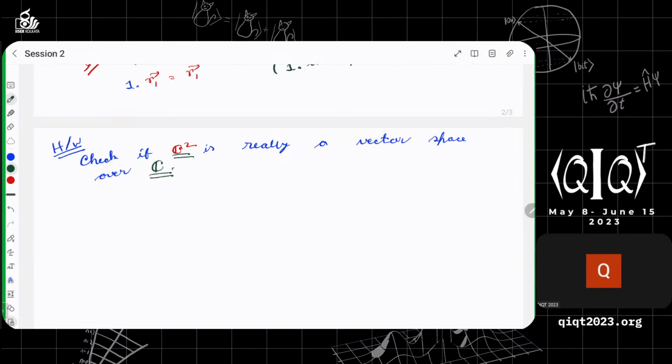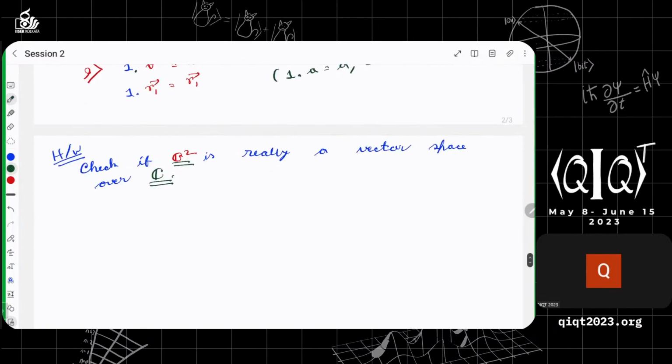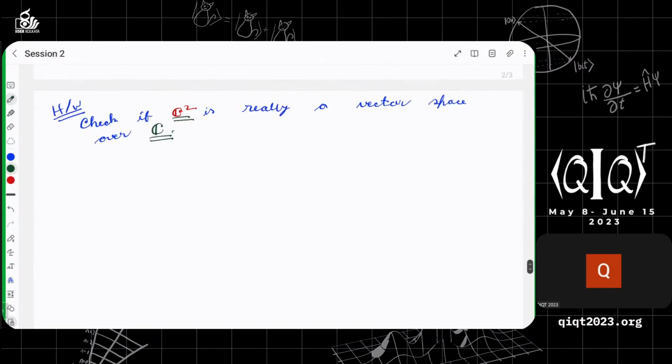So here you have to check whether all the 9 conditions that we have listed down hold true for this C2 over C. This is something which you can do in your leisure time.